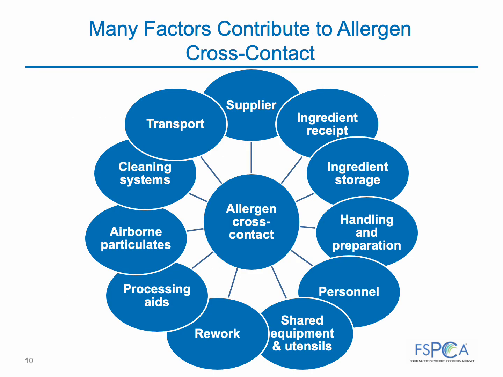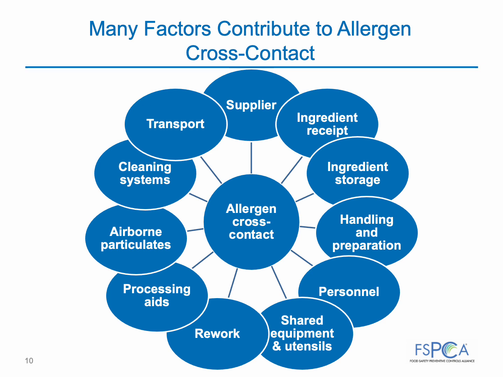Broad considerations are needed to help prevent cross-contact and include suppliers, transport, and the receipt of goods, ingredient storage, handling, and processing of allergens, including the use of shared equipment and utensils, personnel practices, possible misuse of rework and processing aids, the effectiveness of cleaning, any conveyor or transport systems, and the generation of significant dust containing the allergen that may move through the air.